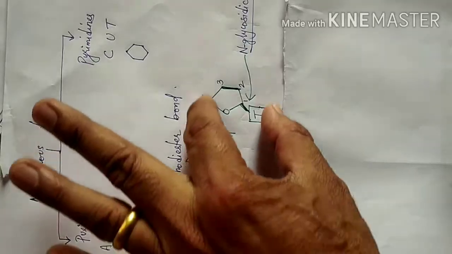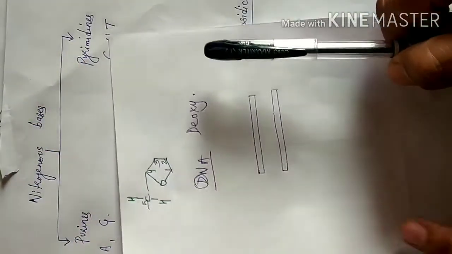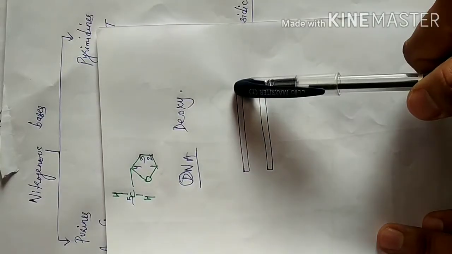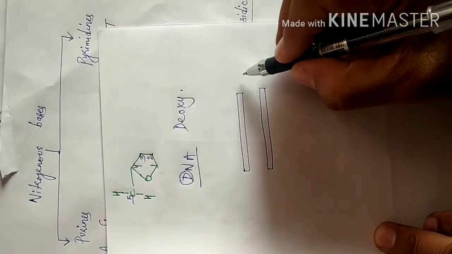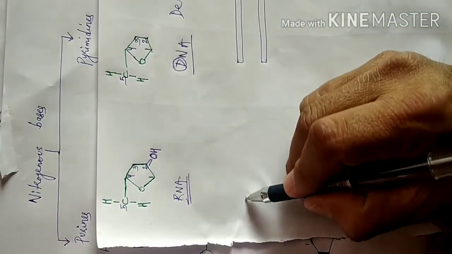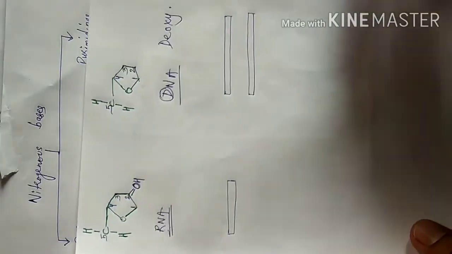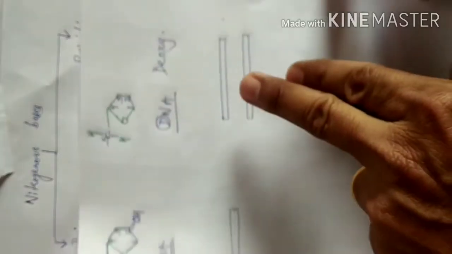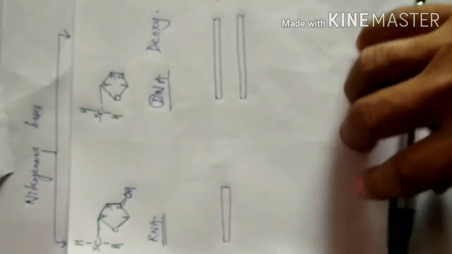So this is put in the form of one line, and I've tried to show it as a helix. This is one helix, this is the other helix. So DNA is double-stranded, so it has two strands, whereas RNA is only single-stranded. It only has one helix. So this is the second difference between DNA and RNA.